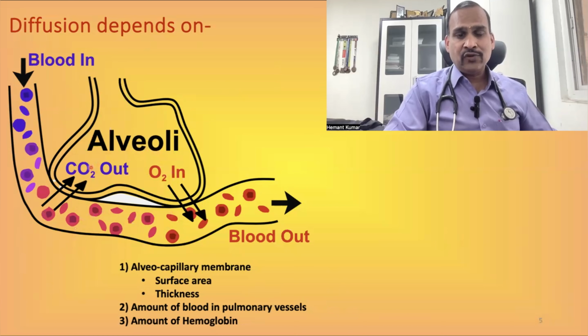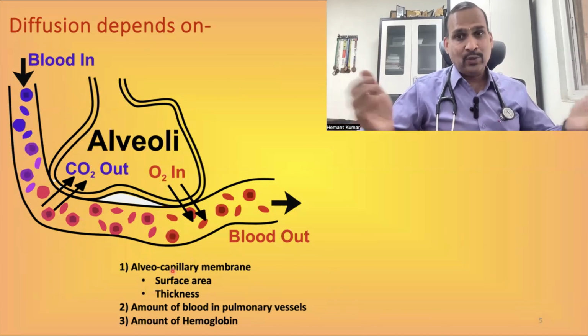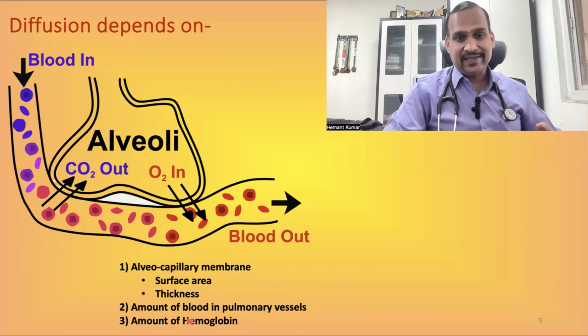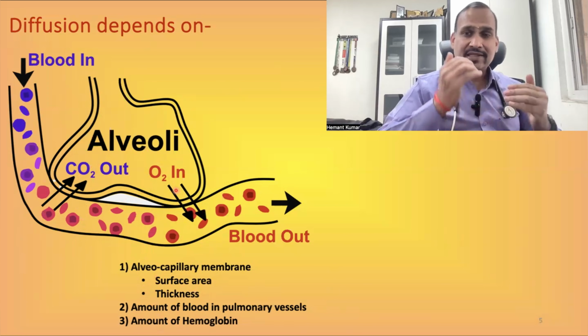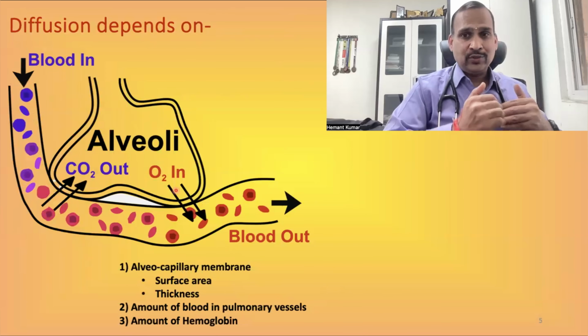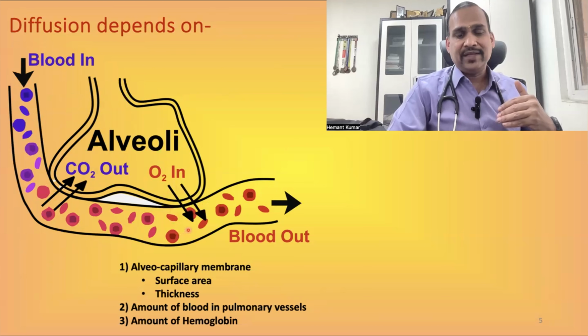So diffusion of oxygen across the alveolo-capillary membrane depends on surface area. The greater the surface area, the greater the diffusion. Then thickness of this membrane: if there is more thickness, the diffusion will be reduced. If less thickness, it is easy for oxygen to diffuse through this alveolar membrane.